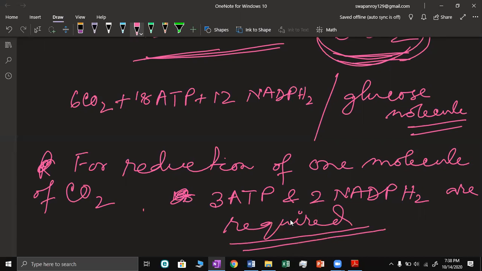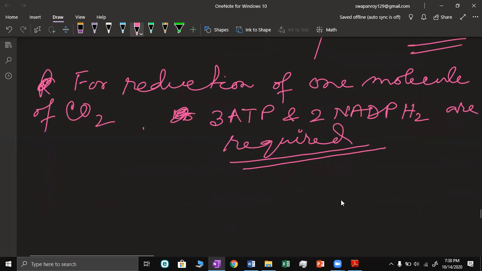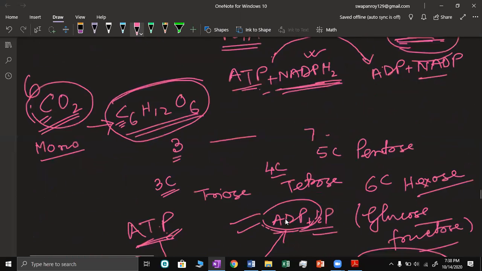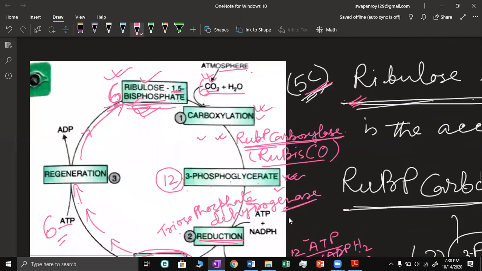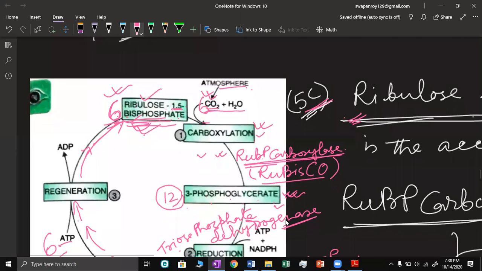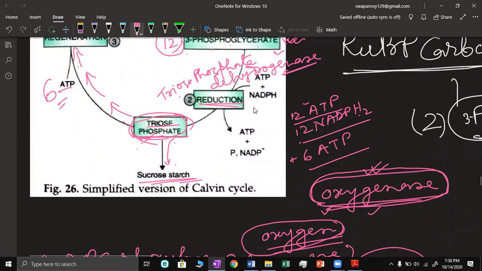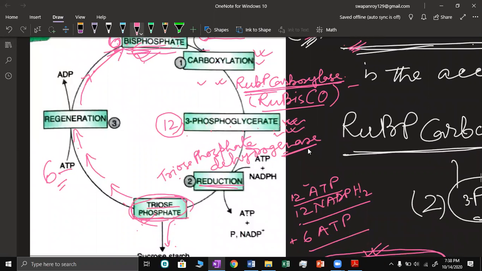Okay, so these are the things that you have to remember. Who is the primary acceptor of the carbon dioxide? What is the enzyme responsible for the carboxylation? What is the first stable compound formed?